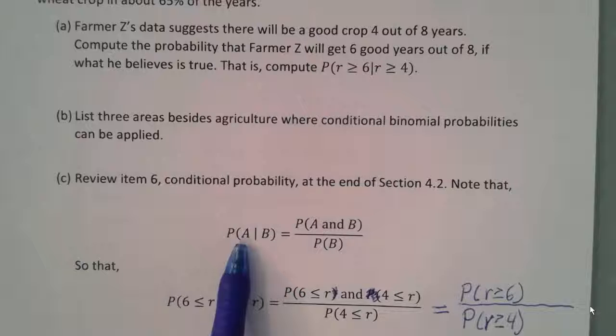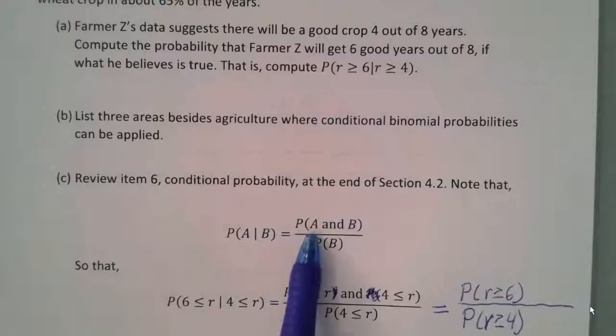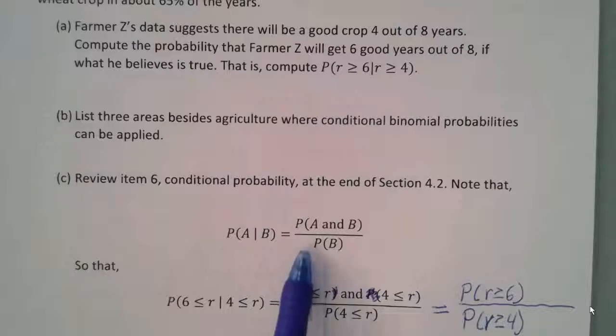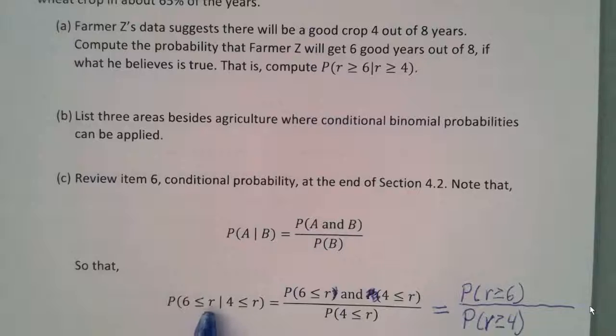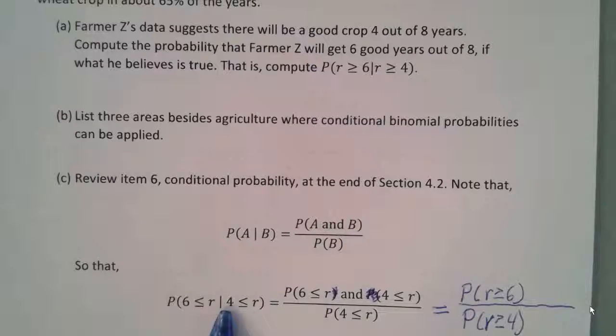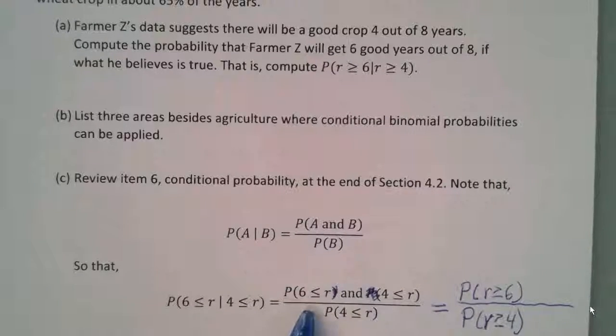The probability that A occurs given that we know B occurs is the probability that both A and B occur divided by the probability that B occurs. So if we take this formula right here and we take A to be the event R is at least 6 and B to be the event that R is at least 4, then you can translate this to this right here. There was a little problem with the typing, but it's been fixed.